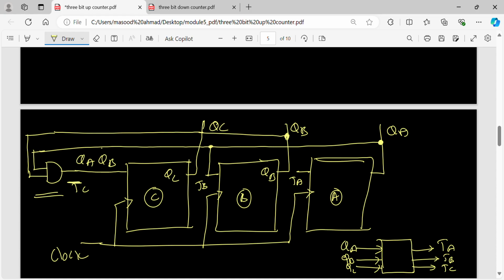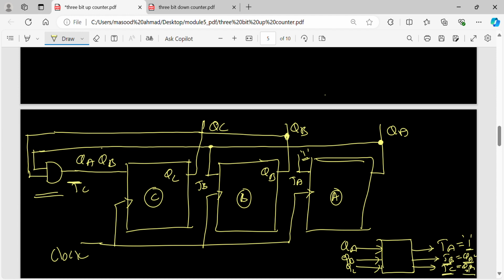TA is always 1, whereas TB is QA, whereas TC is QA QB. So for this direct connection, TA is always 1. I will connect TA to 1 forever. So TA is made 1, TB is QA, TC is QA QB.